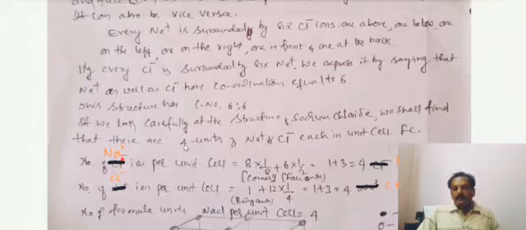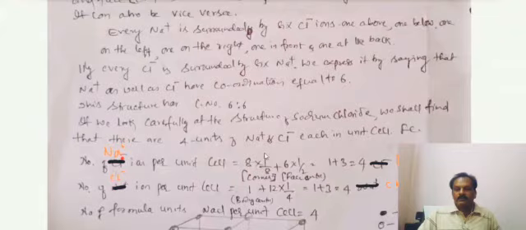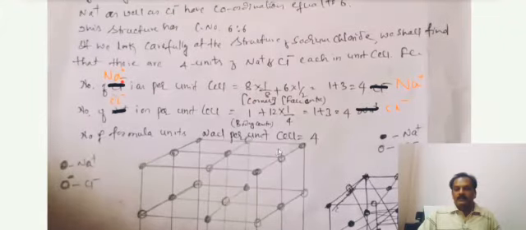And what would be the unit formula of this sodium chloride crystal lattice? If you look carefully at the structure of sodium chloride, we shall find that there are 4 units of Na plus and Cl minus, each in a unit cell. Now, this Na plus ion is present at the corners and also face centers.